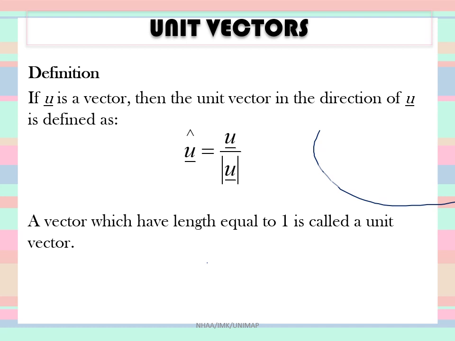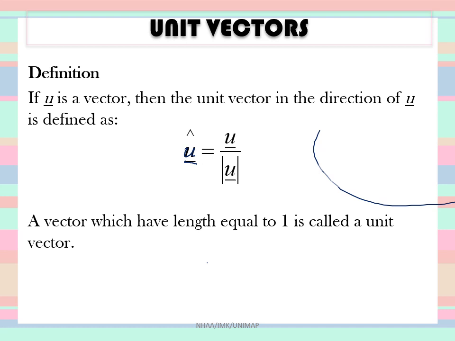The last part of this lecture is the unit vector. The unit vector is denoted by a special symbol. We write our vector u as u with an underscore beneath it. If you see u with an underscore beneath it, this is a vector u.